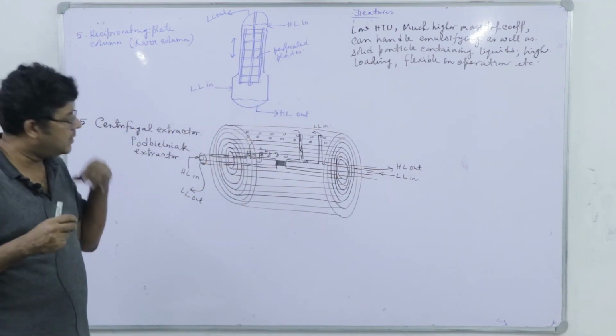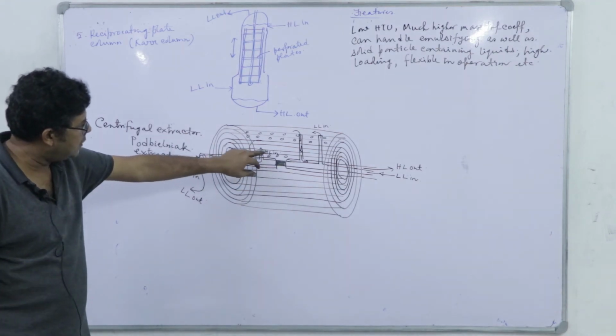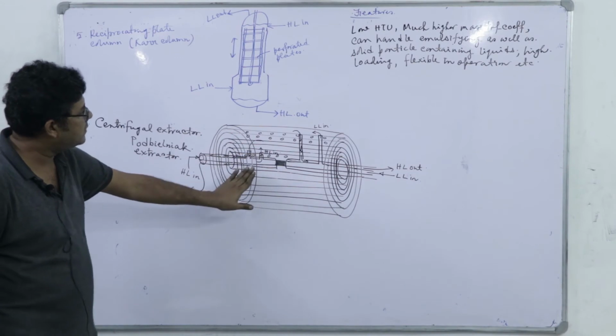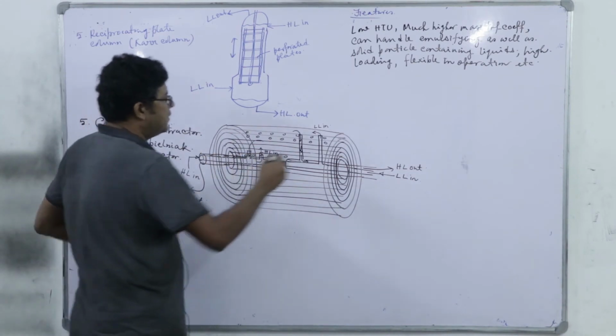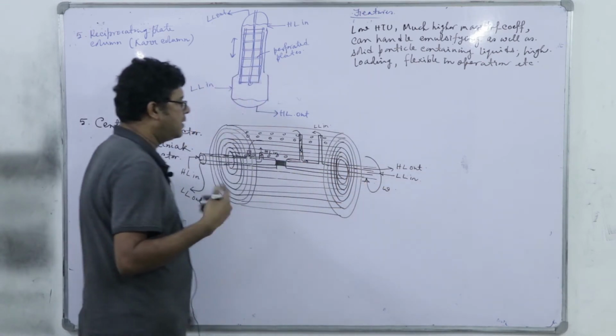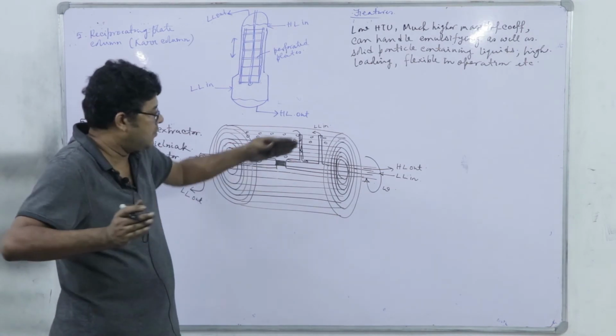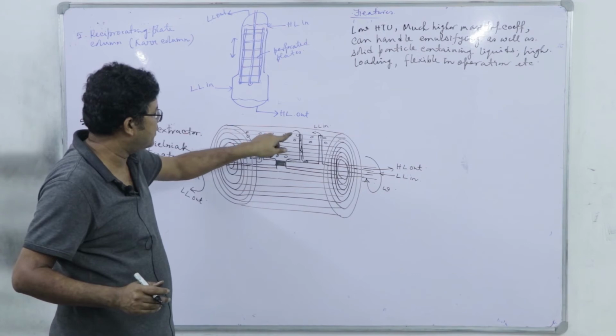Because the heavy liquid, whenever we discharge it in the device close to that central region, because of its higher density, and this entire device rotates at a speed, the heavy liquid moves outward, displacing the light liquid which was released near the peripheral region.